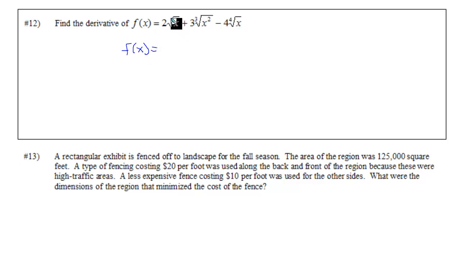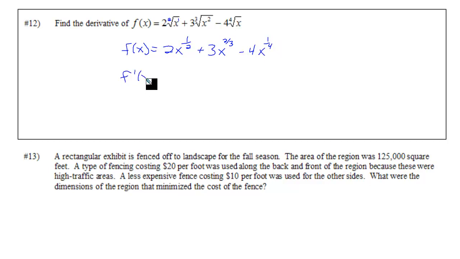The square root of x is really saying 2 times x to the 1/2. The cubed root of x squared is really saying x to the 2/3. And the fourth root of x is really saying x to the 1/4.